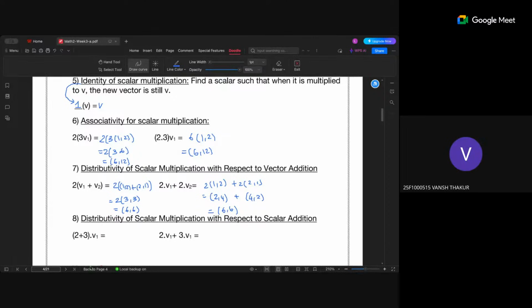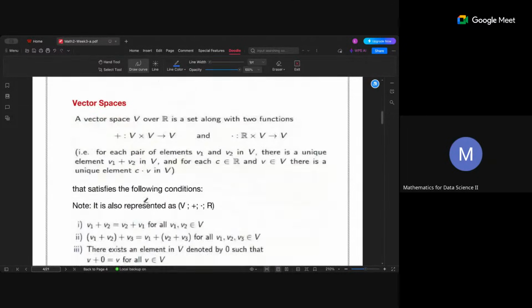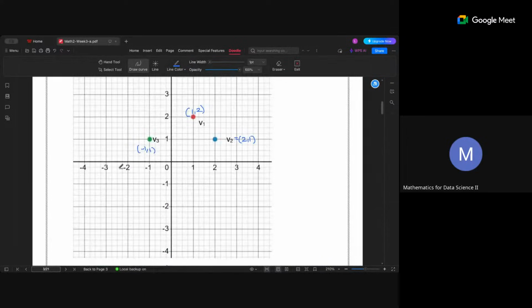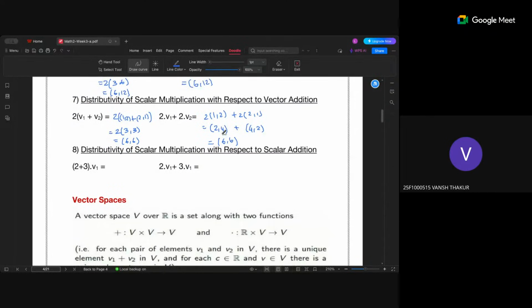Here V1 and V2 are from the previous example, just specific vectors I have taken. This is actually applicable for any V1 and V2. You can try with any vector.